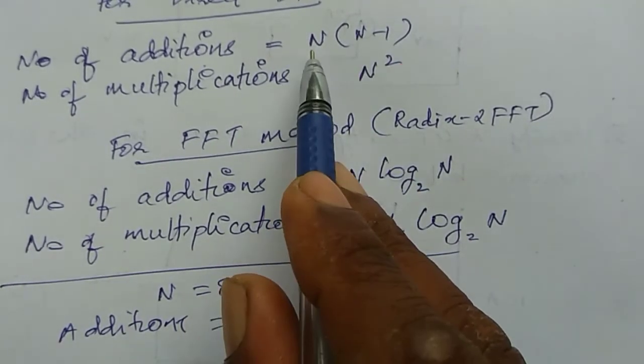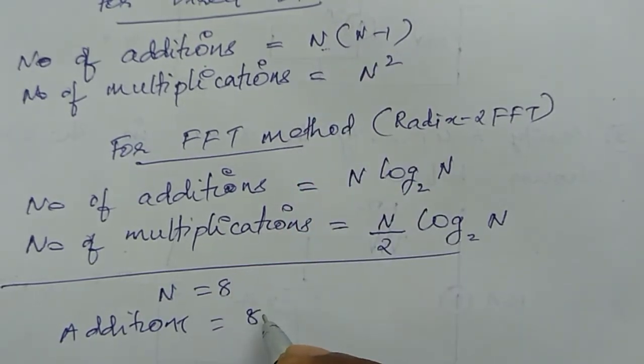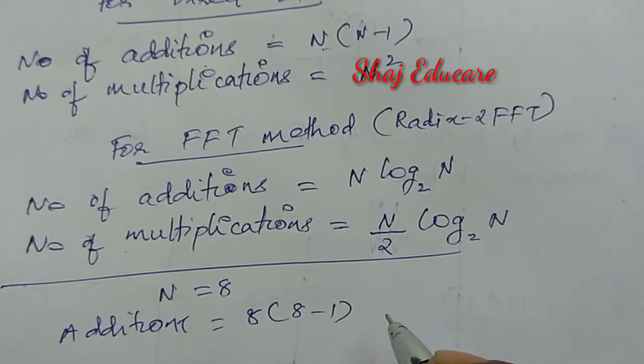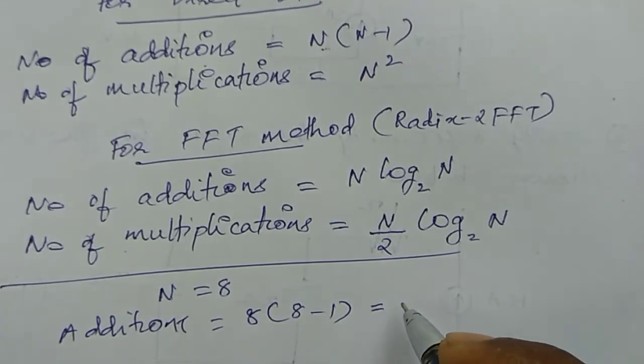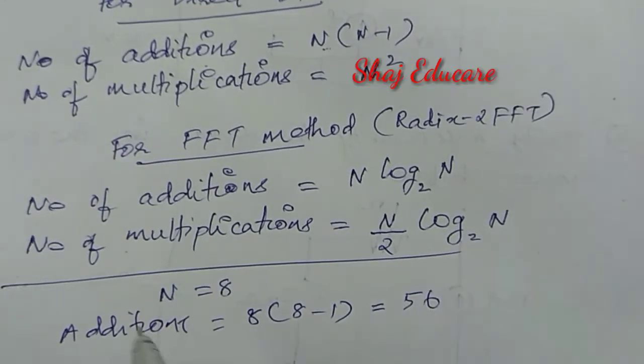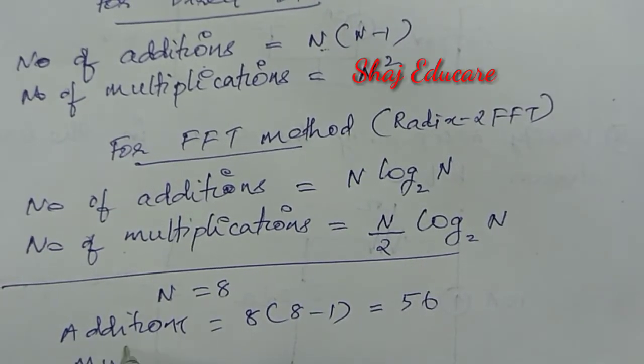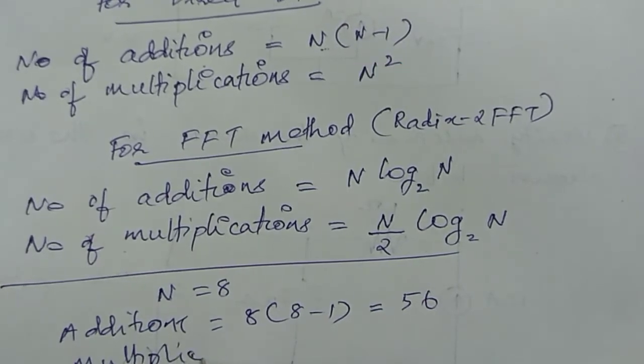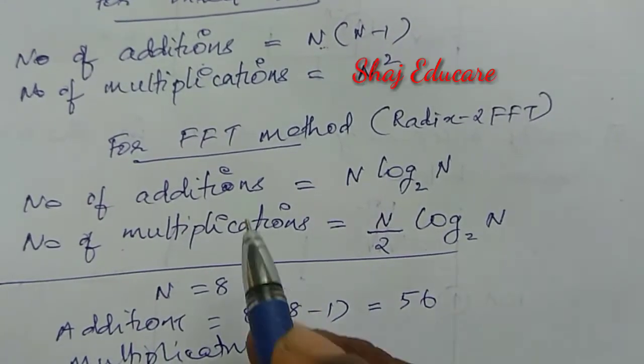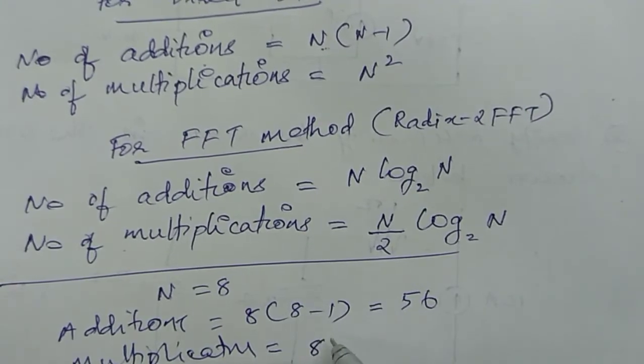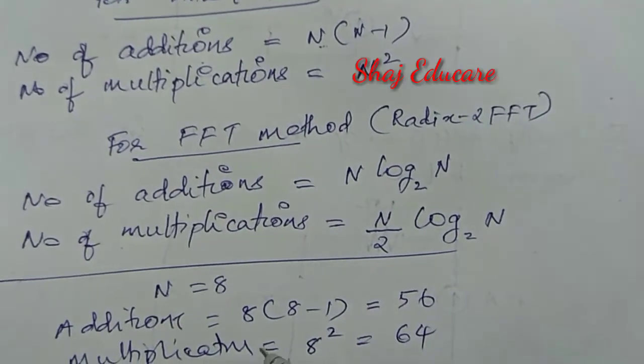If we substitute 8 in this equation, we get 8 into 8 minus 1, that is equal to 56, and the number of multiplications is equal to N square, means 8 square, 64. This is the ordinary DFT method.